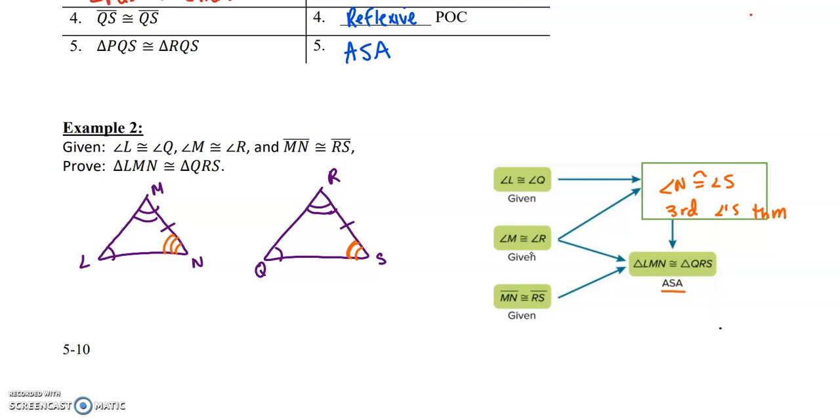So in order for us to have angle, side, angle, we need this angle here. Otherwise, you technically could use angle, angle, side, but we would need this third pair in order to get angle, side, angle. And anytime you have two pairs of angles, the third pair must be congruent by the third angles theorem.